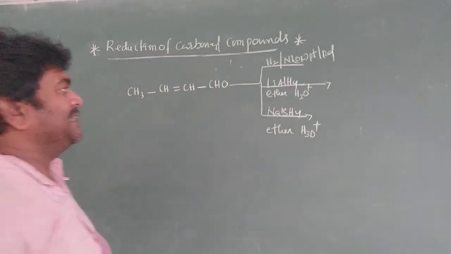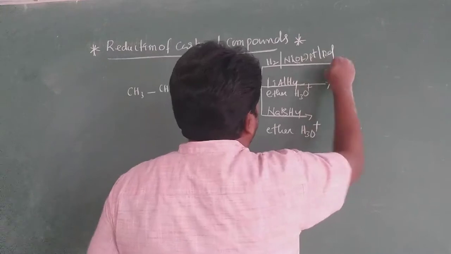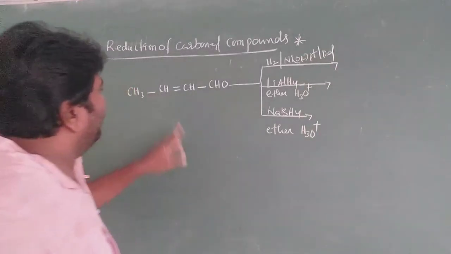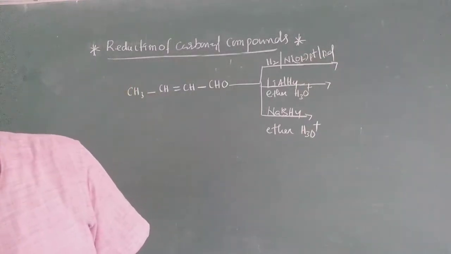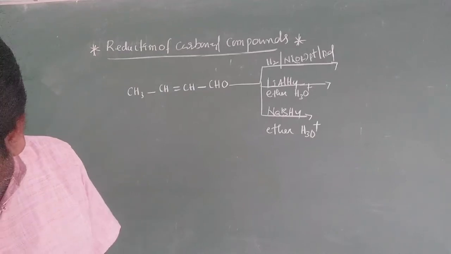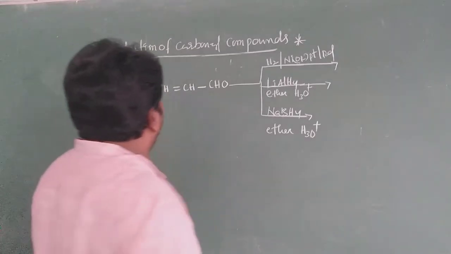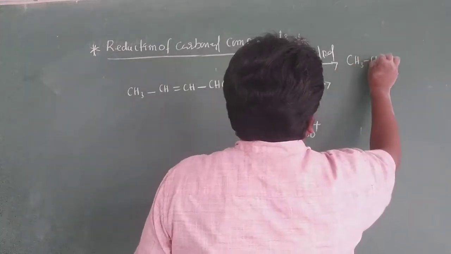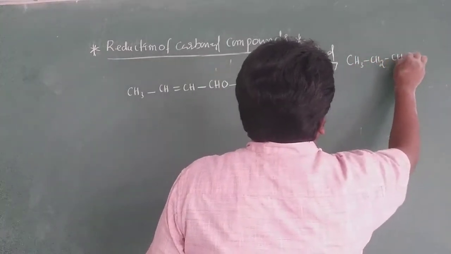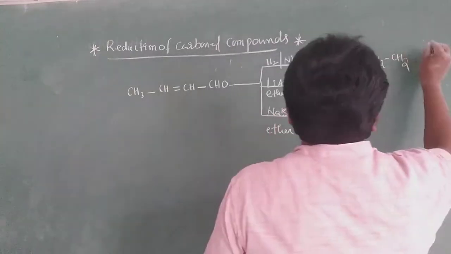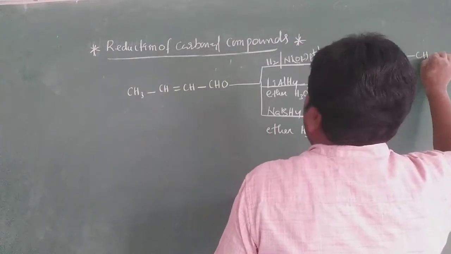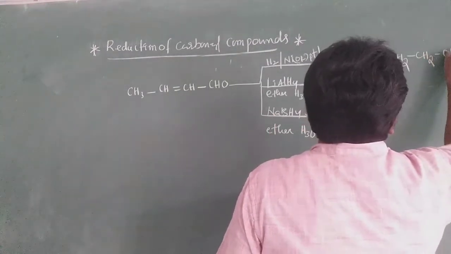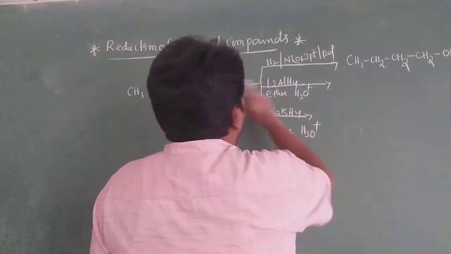What happened here? It is very important, my dear students. See, CH3, CH2, CH2, CH2, OH. Next, what is the product here?